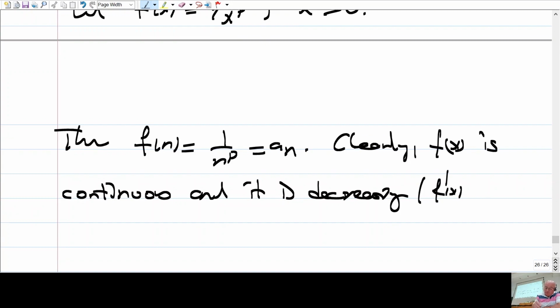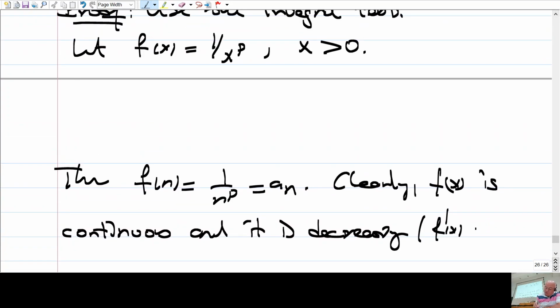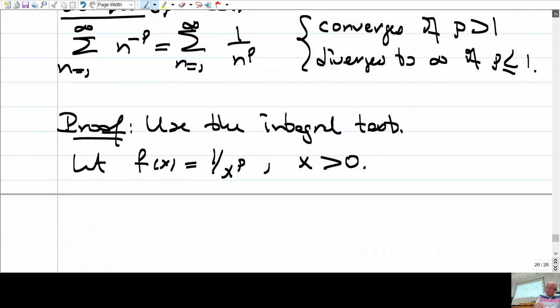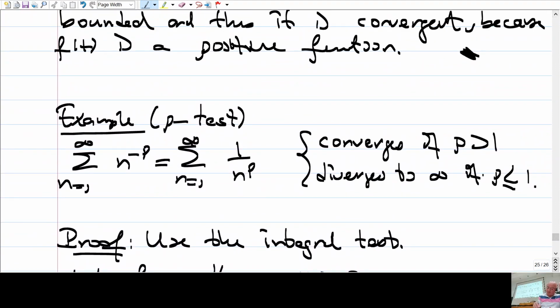The derivative of this is just minus p over x to the power p plus 1. For x positive, this is a positive number, but here I have minus p, so this is negative. Here, of course, p is a positive number.